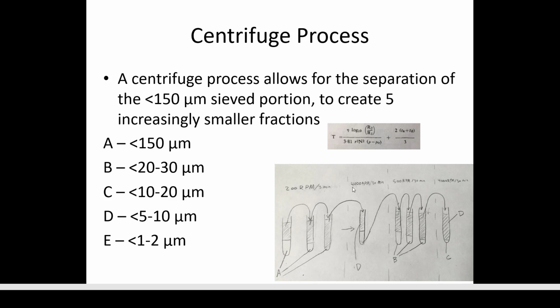So that supernatant fluid was between the fractions of A and B, and that was the D fraction. After it was centrifuged again, that supernatant fraction was removed again, and that was the E fraction.